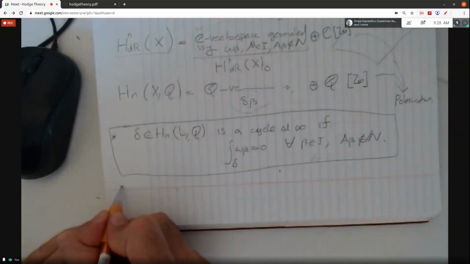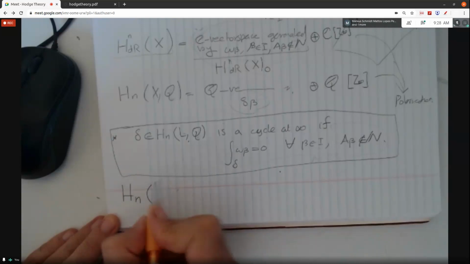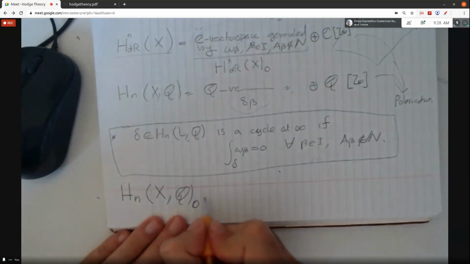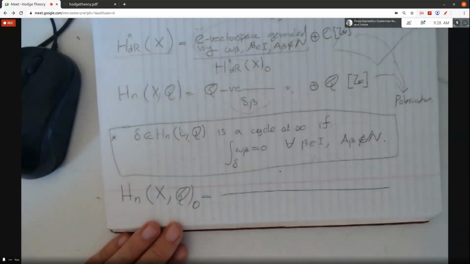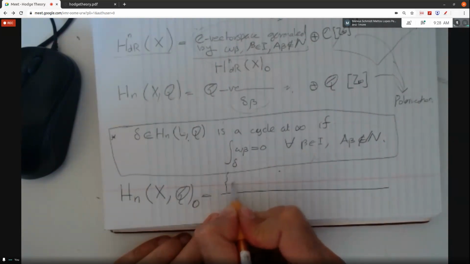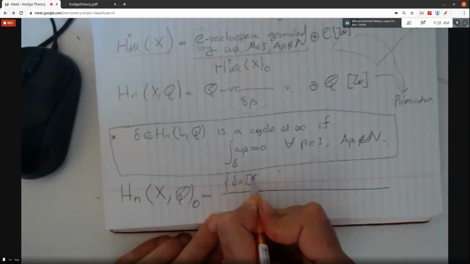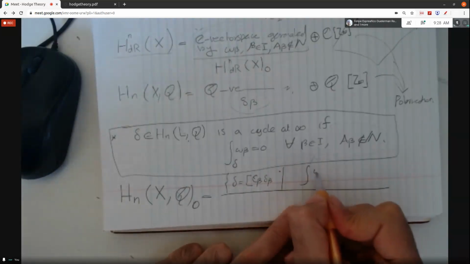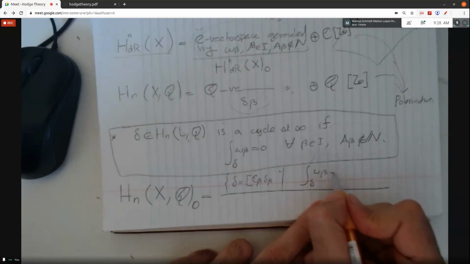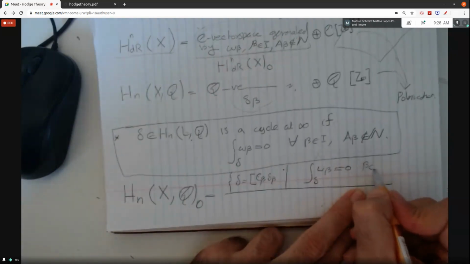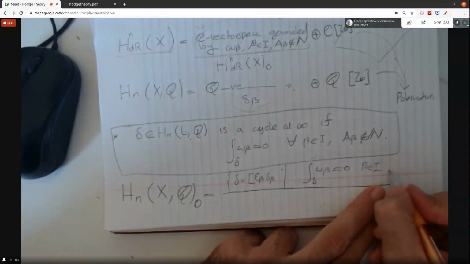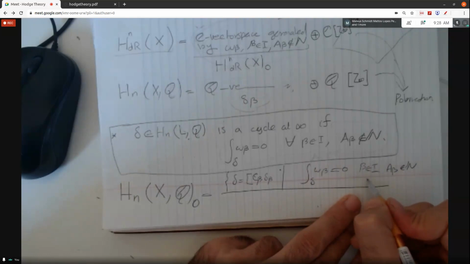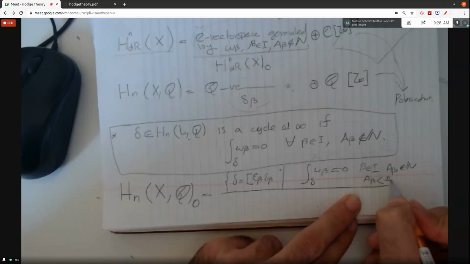So the moral of the story is that the space of Hodge cycles for the Fermat variety, the primitive part, let's write down this one. It will be delta, combination of C beta delta beta, such that omega beta delta is equal to 0, with beta in I, beta not integer, and then beta less than n over 2.